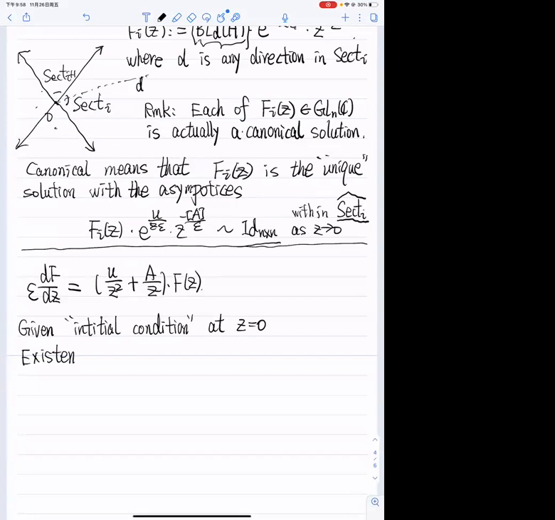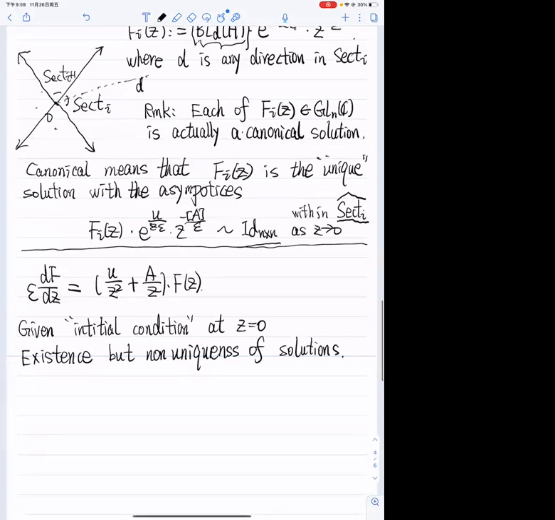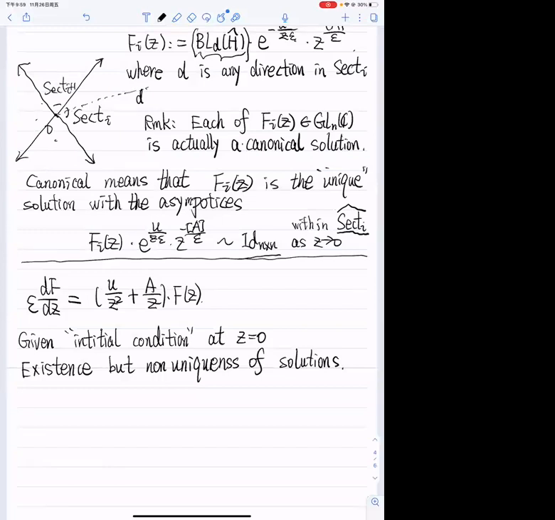We prove the existence by Borel-Laplace transform, but there is non-uniqueness of the fundamental solutions. Non-uniqueness means that the solutions we constructed are associated with a sector, and for different sectors, the associated solutions may be different. This is what I mean by non-uniqueness. And this is actually the Stokes phenomenon, right?